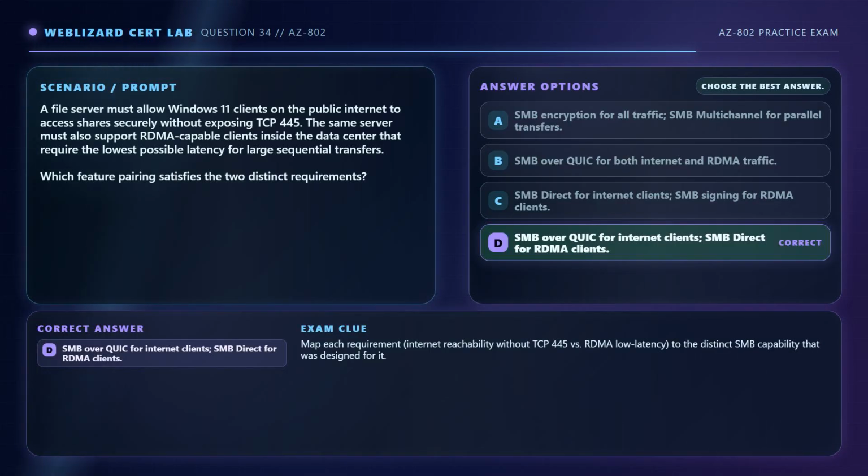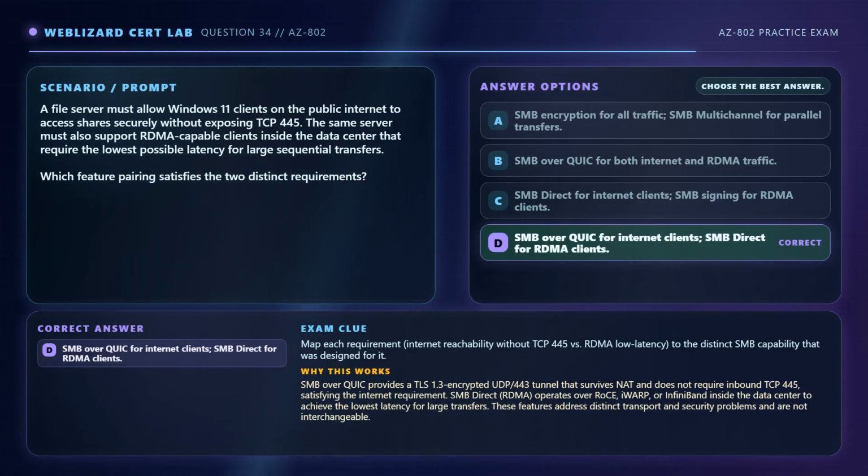The correct answer is D. SMB over QUIC for internet clients, SMB Direct for RDMA clients. SMB over QUIC provides a TLS 1.3 encrypted UDP 443 tunnel that survives NAT and does not require inbound TCP 445, satisfying the internet requirement.